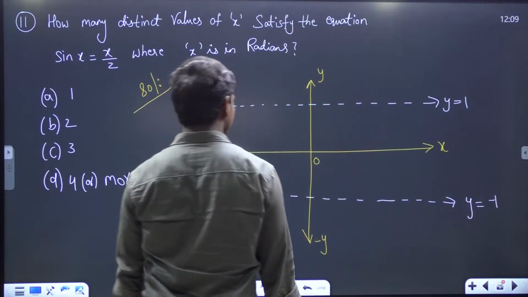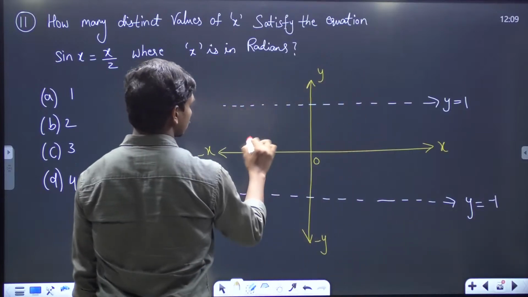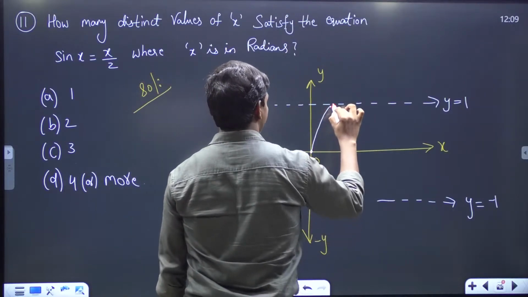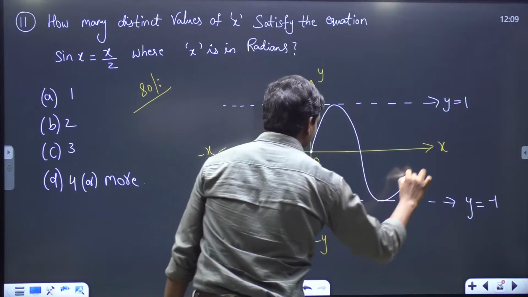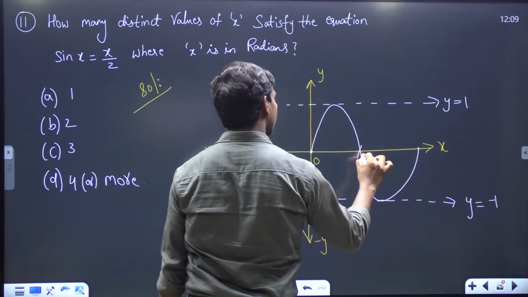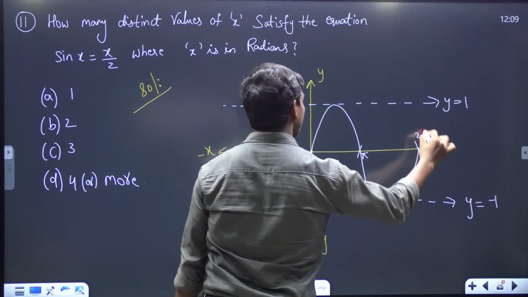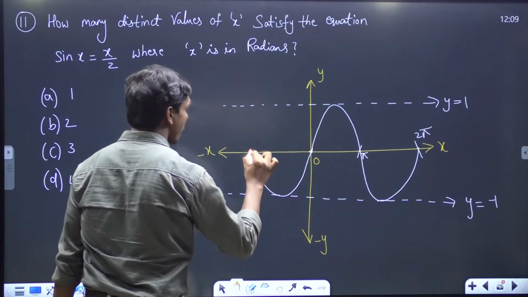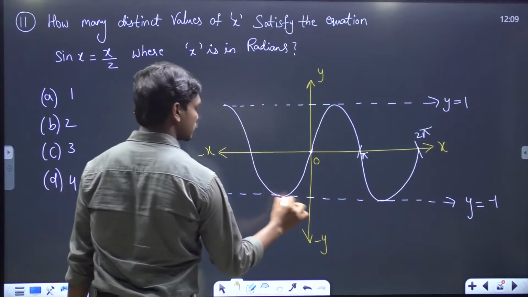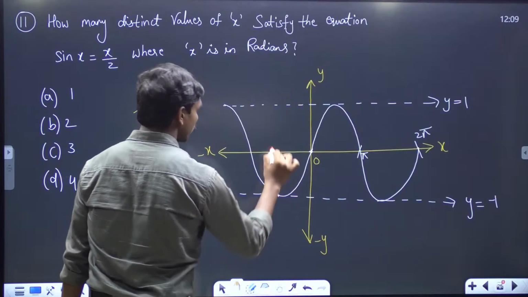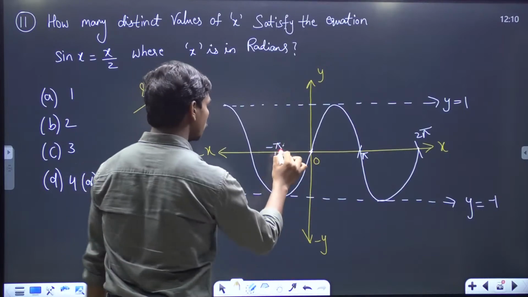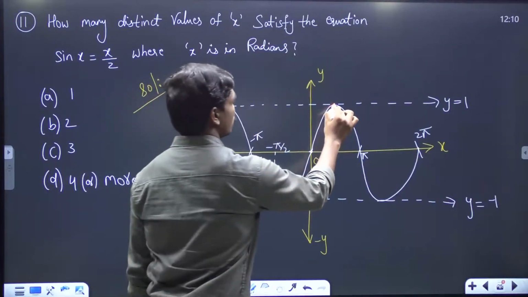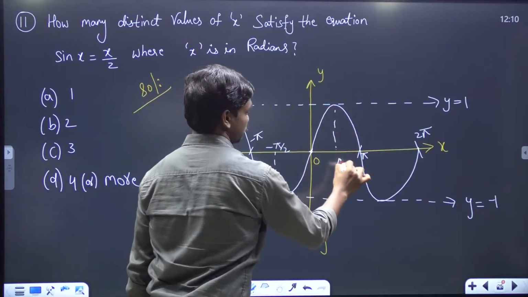And you can plot the sin x curve in between. For example, this is pi, this is 2 pi, this is minus pi by 2, and this value is minus pi. This is pi by 2.